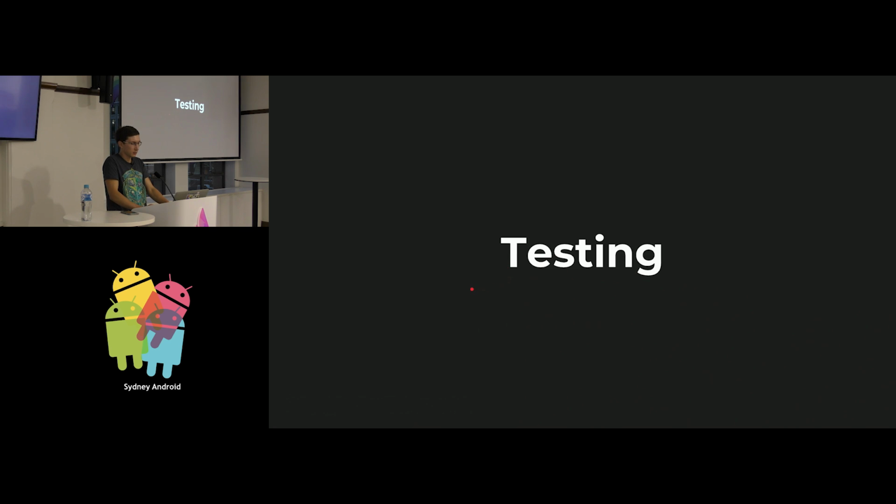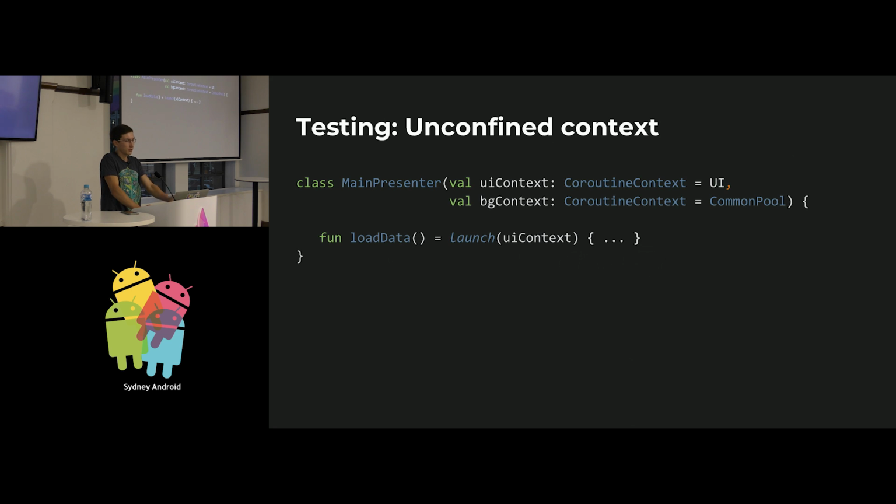Next is testing. So how do we actually test all this asynchronous code which we wrote with coroutines? Imagine you have some presenter class and you're using coroutines there. Basically you need to inject your context. So in a constructor, you just declare a UI context and a background context with default parameter values.